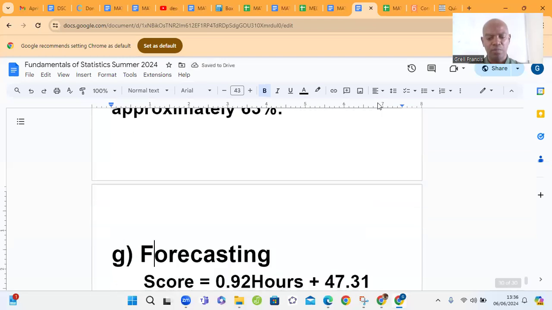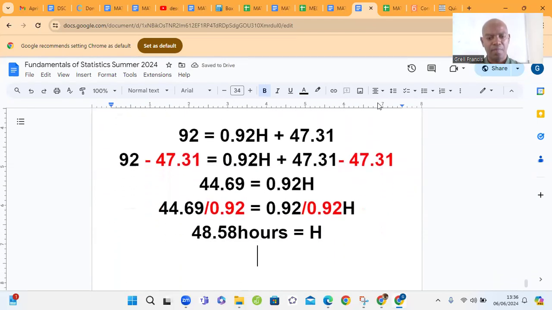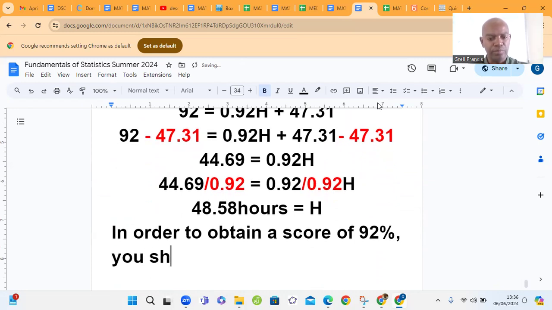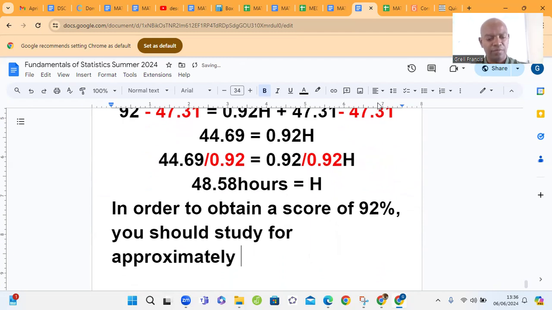And here now, in order to obtain a score of 92%, you should study for approximately 50 hours.